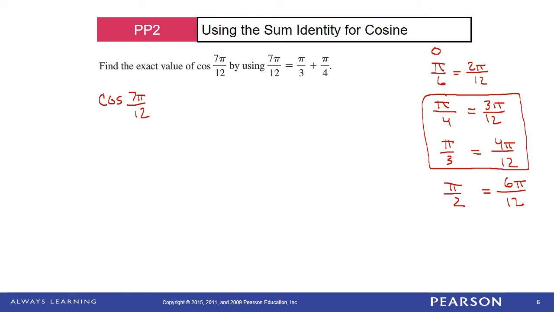Okay, let's go for it though. So cosine of 7 pi over 12. We're going to break that up into cosine of pi over 3 plus pi over 4. And again, use the formula. Give you guys a little bit of time to get ahead of me. Go for it if you need be.